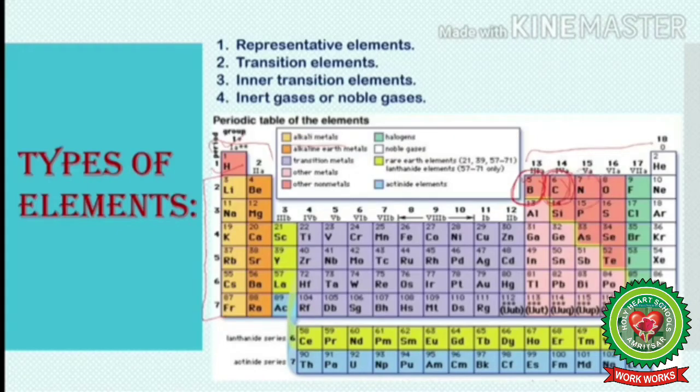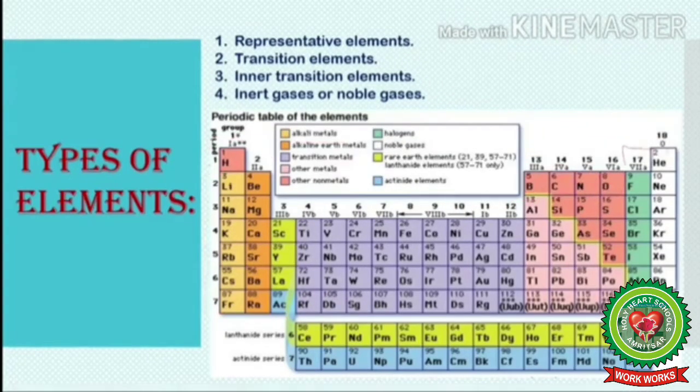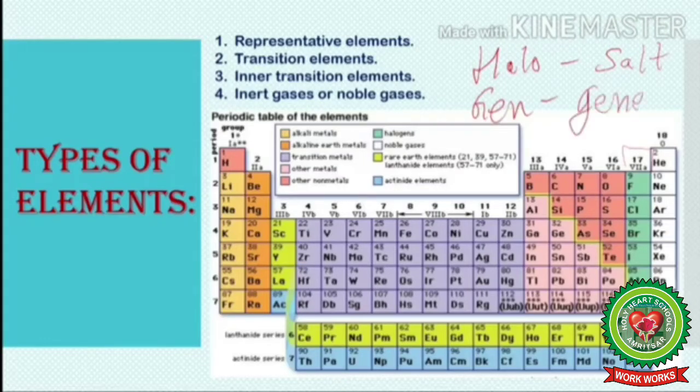The 15th group is called the nitrogen family and the 16th group is called the oxygen family. Group 17 is called halogens. Why? Because they are salt formers. The word halo means salt and gen means generation. So they are called halogens.